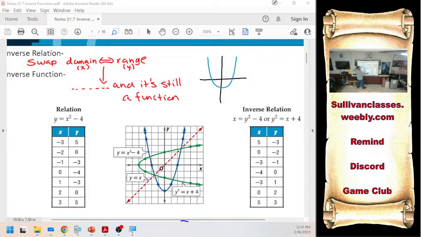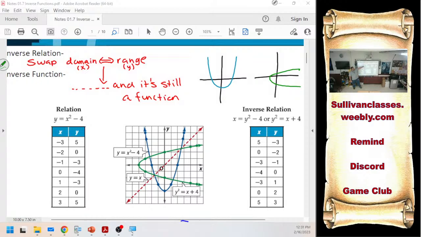So for example, if I swap all of my x's and y's, like say this is at 3, 7, now I'm going to go to 7, 3. And that's why it looks like that parabola is on its side now. Okay?